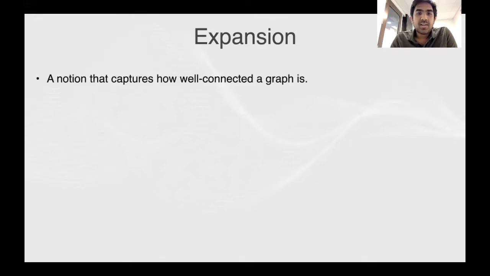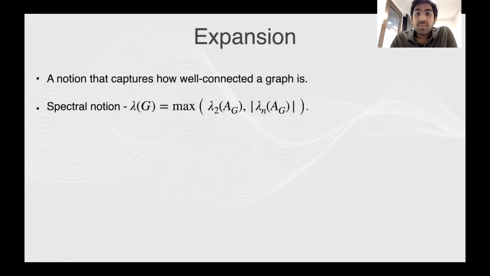So expansion is one of the key graph properties that has been very useful in theoretical computer science. It's a notion that captures how well connected a graph is. Formally, there are multiple notions of this, and we're going to look at the spectral definition. So let A_G be the adjacency matrix of the graph.